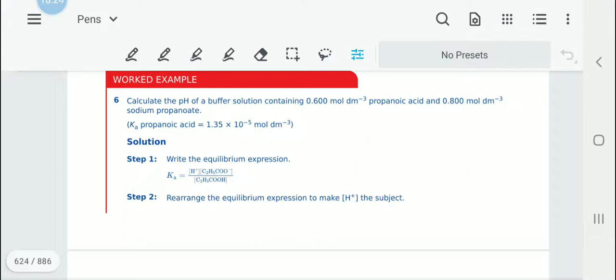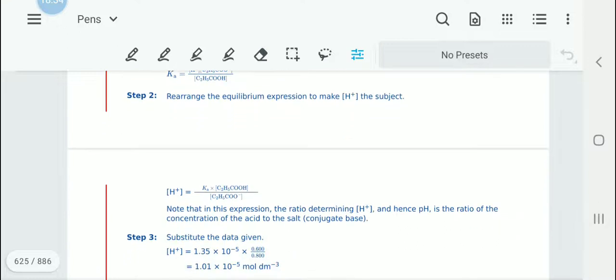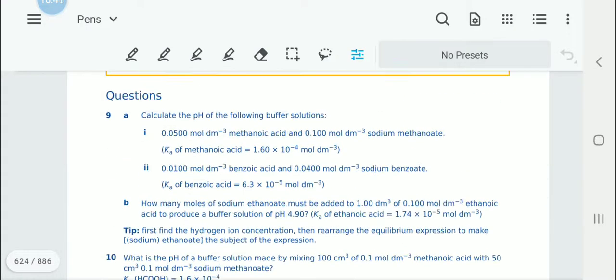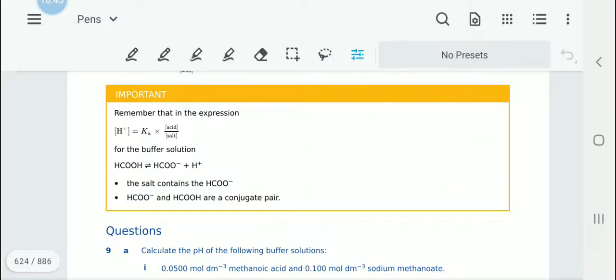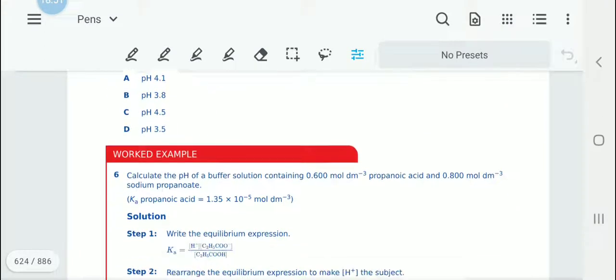Ka is H+ concentration times C2H5COO- concentration over propanoic acid concentration. So the H+ ion concentration is equal to Ka multiplied by the acid concentration over the salt concentration. This is the same equation we obtained. Now you understand how we reach that equation.